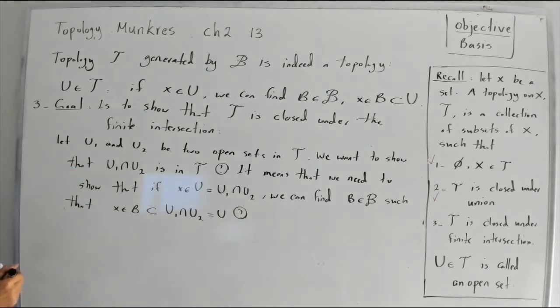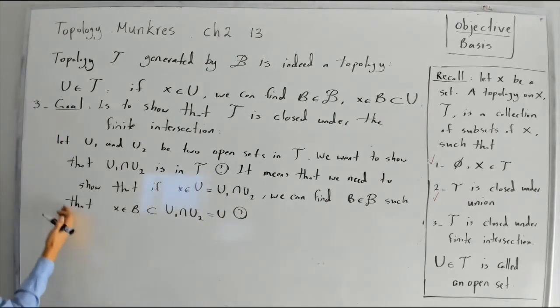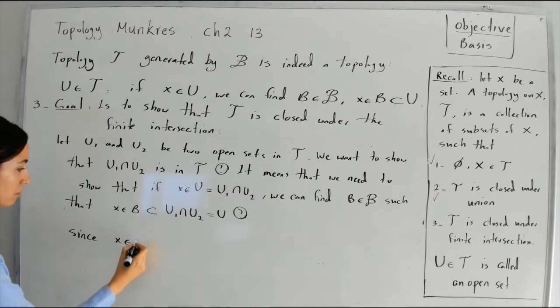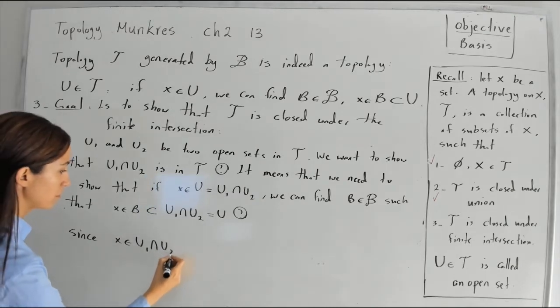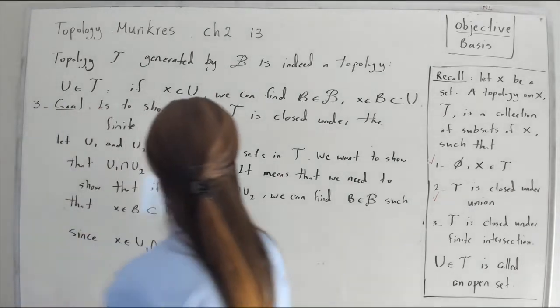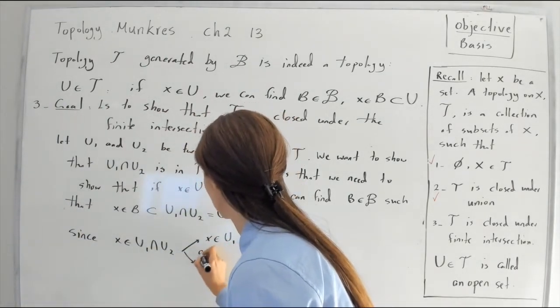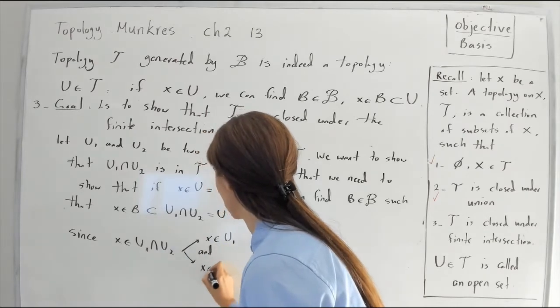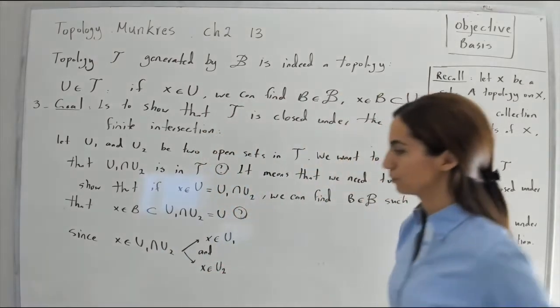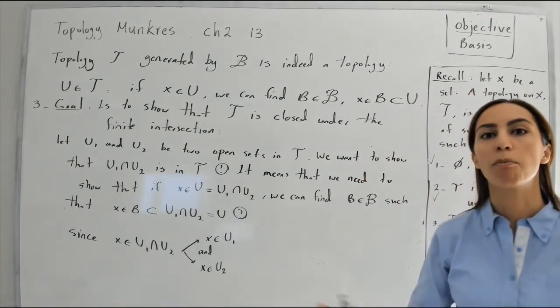There you go. So let us take a look at this. X belongs to U1 and U2. Using the definition of intersection, it means that X belongs to U1 and X belongs to U2. These two are open sets in our topology.